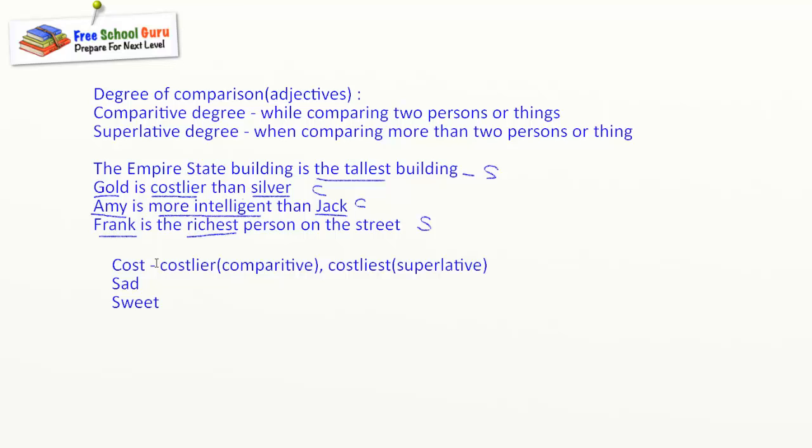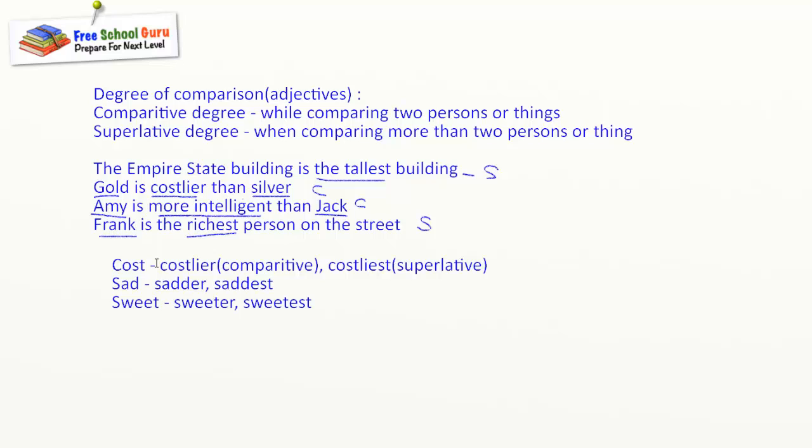Similarly, next one, sad, sadder, saddest, sweeter, sweetest. Okay, so in case of sweet, sweeter is the comparative degree of adjective, sweetest is the superlative degree of adjective. Always remember one rule. You always use the when using the superlative degree of adjective.